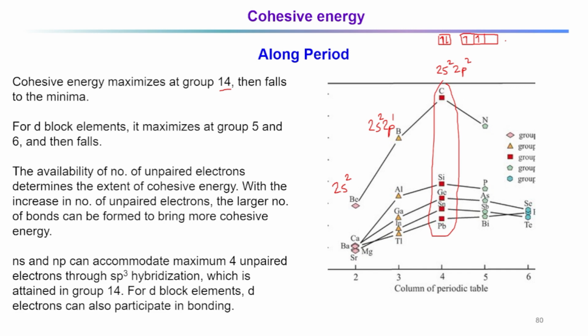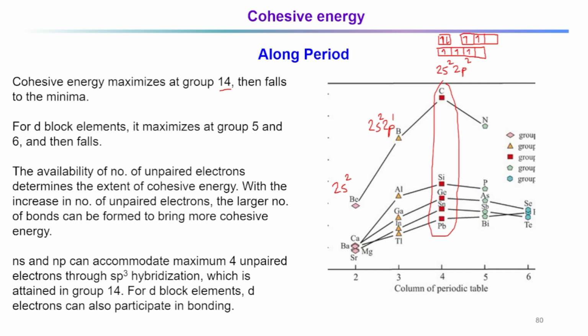But what happens during bond formation, hybridization occurs and these s and p orbitals get merged. So this was before hybridization, 2s and 2p. And after hybridization, it becomes four orbitals together, and in all four orbitals, they have only one electron.